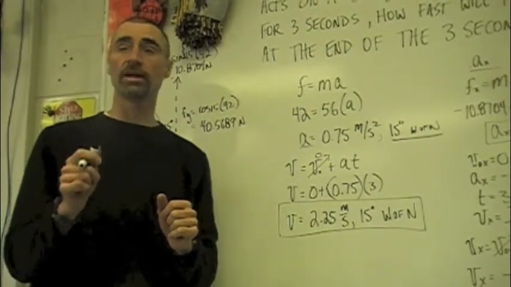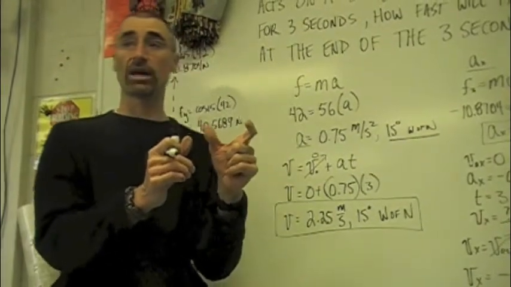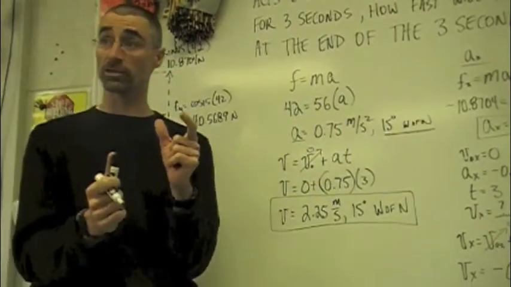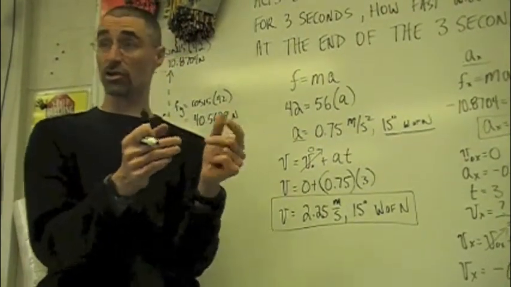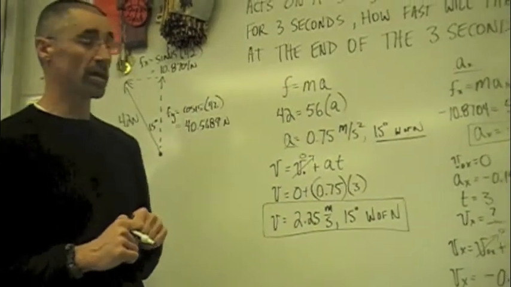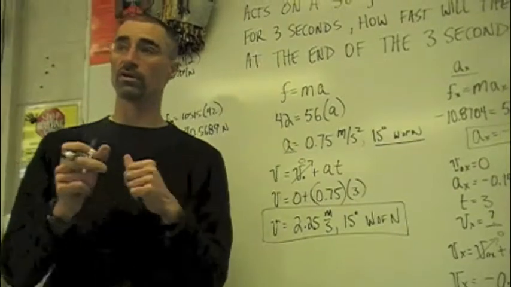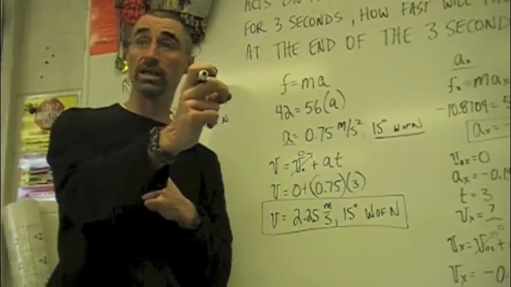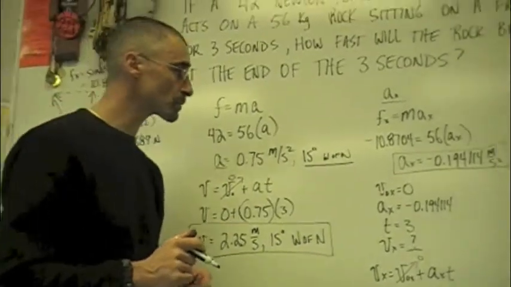What's going to happen is if the rock is moving to start with, then you're going to have to break it into its x and y components because it's going to be moving in a certain x direction or y direction. And so let's look at this second solution. And I know it's harder and I know it's painful, but when we get to a problem where the thing is moving initially, then we're going to have to solve them this way.